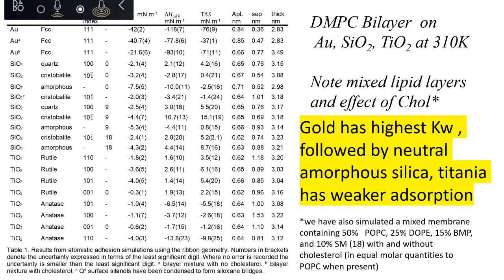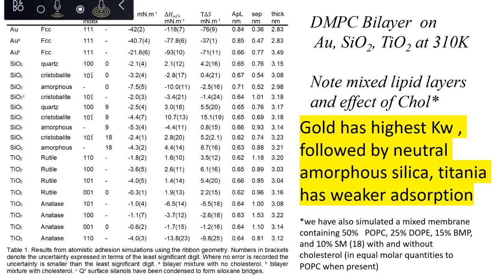If you look at the second line, we've got gold labeled with an A. So that is gold now on a mixed membrane, 50% POPC, 25% DOPE, 15% BMP, 10% SM. That is much more complex, but you'll note that the adsorption strength is within the error, it's the same.